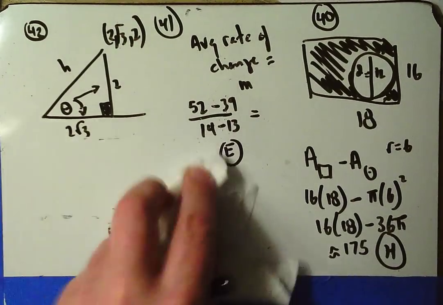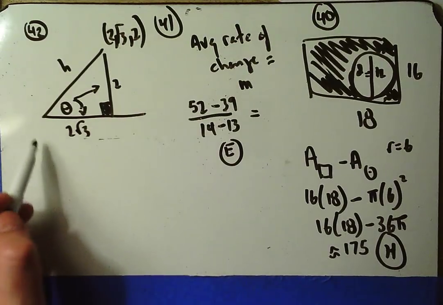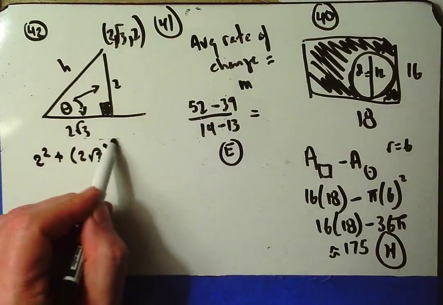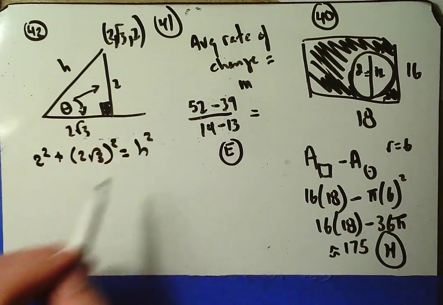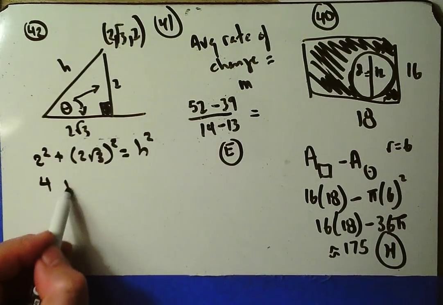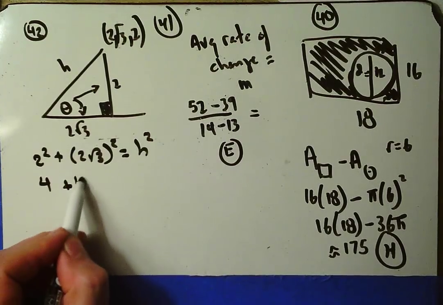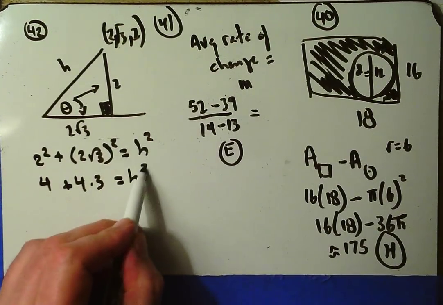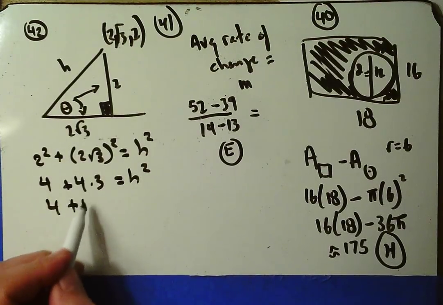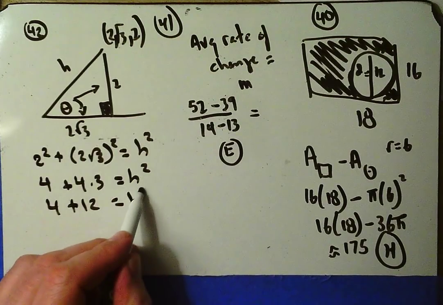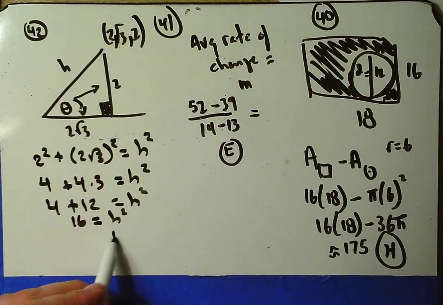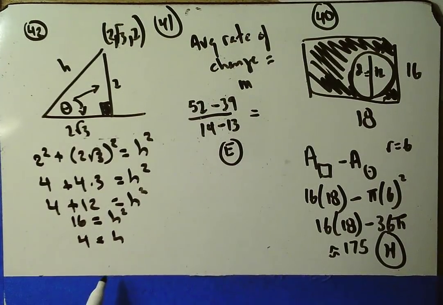Pythagorean theorem says a squared plus b squared equals c squared, or 2 squared is 4, root 3 squared is 3, so 4 plus 12 equals h squared. It looks like 16 equals h squared, so h equals 4.